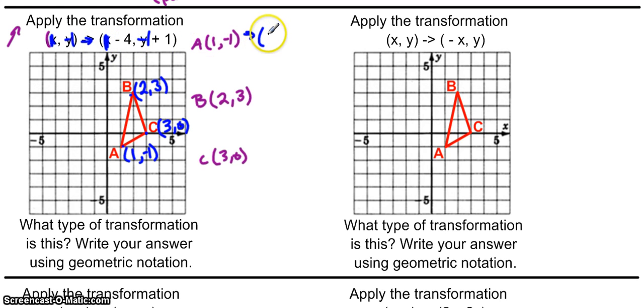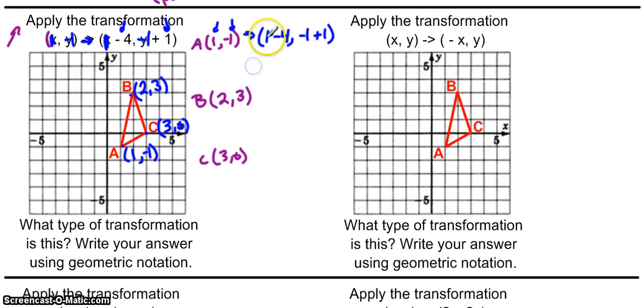So this is going to 1 minus 4. Again, I started with 1, and this transformation is telling me to subtract 4 from whatever x was. And then -1 plus 1. Again, that's because I started with -1 for y, and this transformation is telling me to add 1.